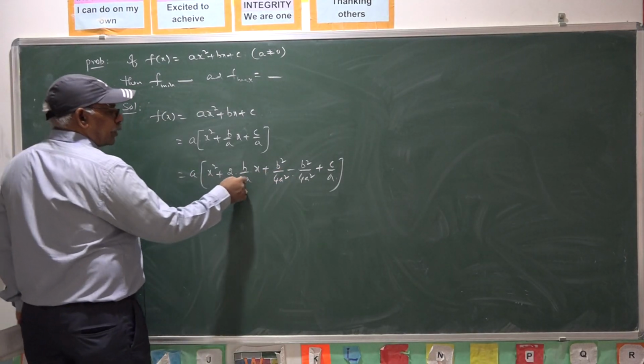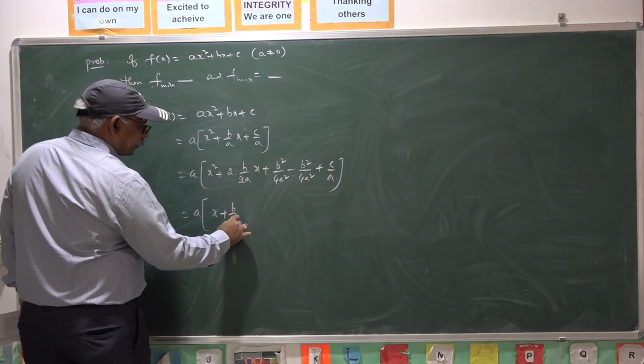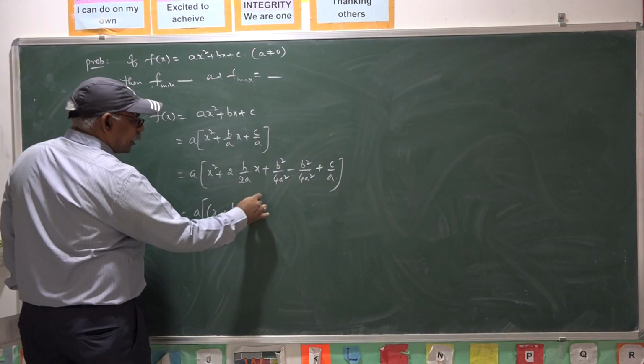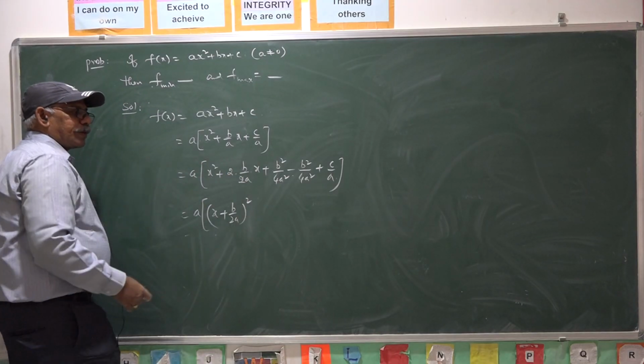Now from the first three terms, you can write it as (x + b/2a)², putting all the x terms as a perfect square.